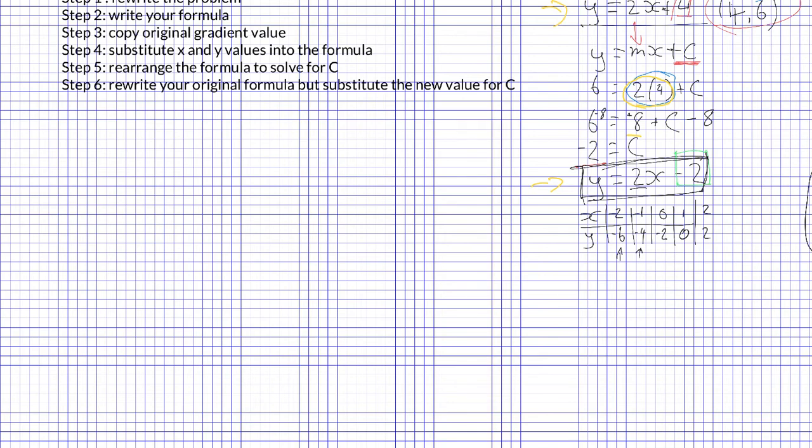And that's what you end up getting right at the end there. Right here, as you can see, we rewrite our original formula, but we change this section to be our new c value. And there you have it.